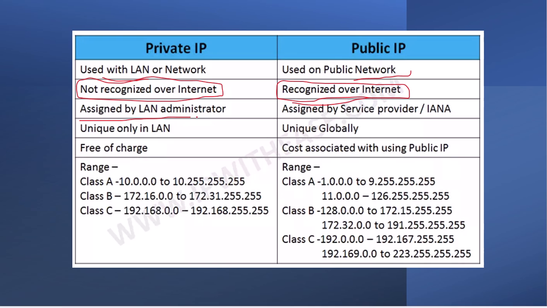A private IP address is used by the LAN administrator, and public IP addresses are assigned by the service provider, IANA. A private IP is unique only within the LAN. A public IP is unique globally. Private is free of charge, while there is a cost associated with using a public IP address.